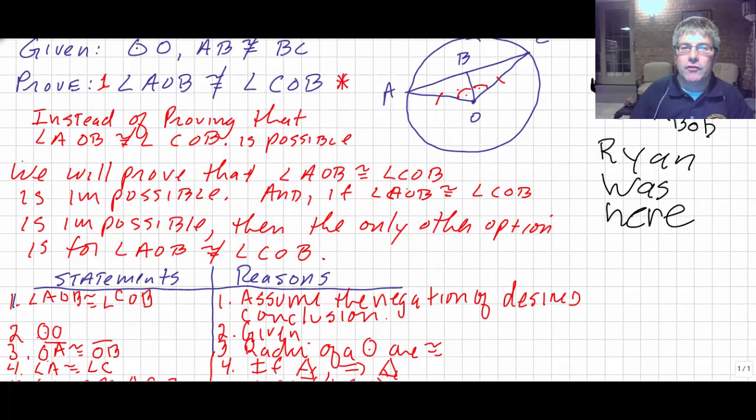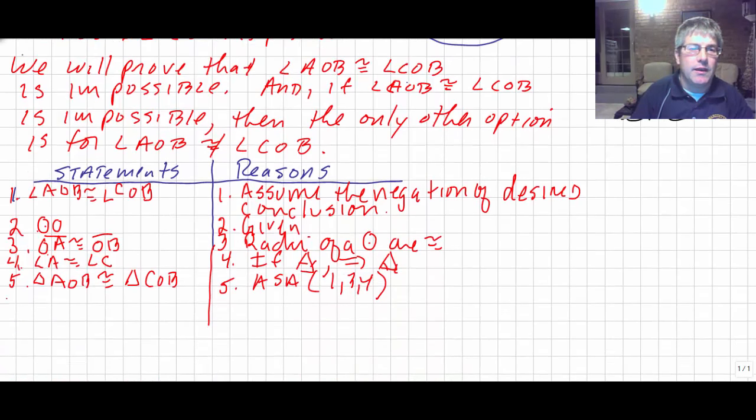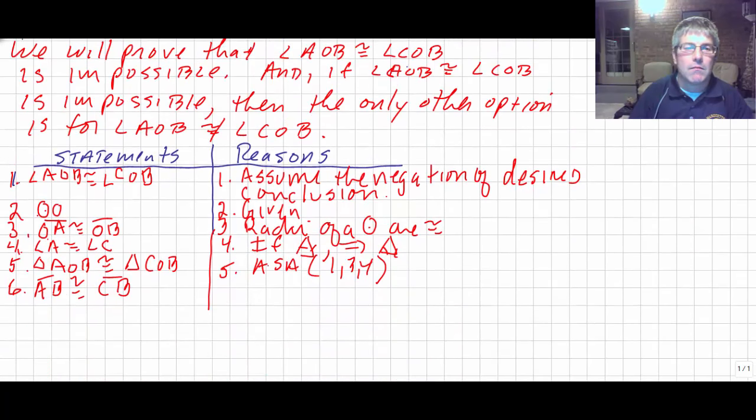Well, if those two triangles are congruent, then we know AB is congruent to CB, or AB is congruent to BC. So I'm going to write that down. AB is congruent to CB by CPCTC. Well, wait a minute.